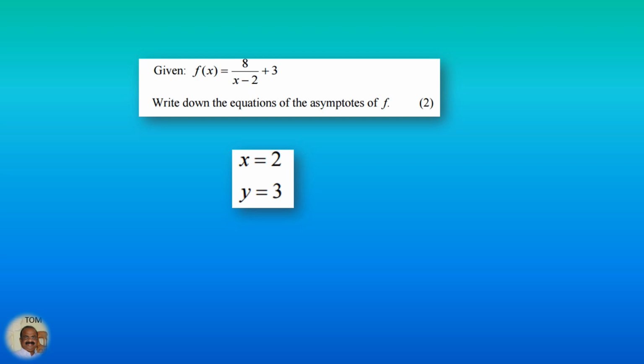And we have the two new asymptotes. The vertical asymptote is x equal to positive 2, and the horizontal asymptote is y equal to 3. So the graph is not available, but we must know how to write the equations of the two asymptotes.